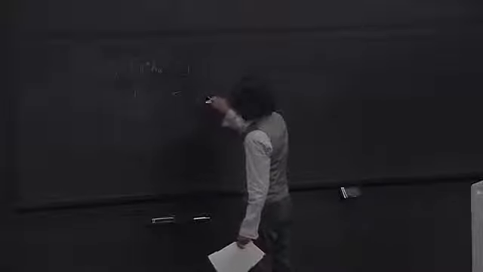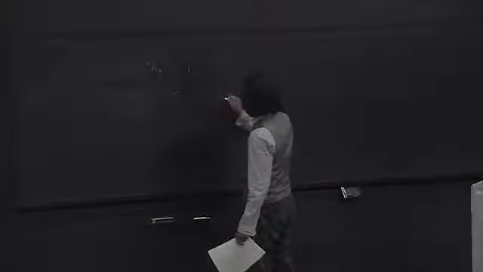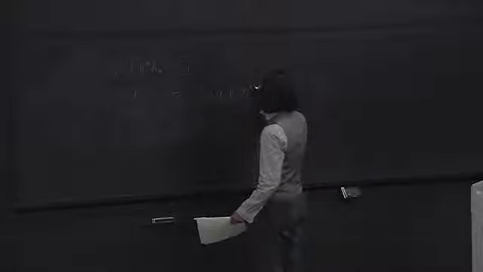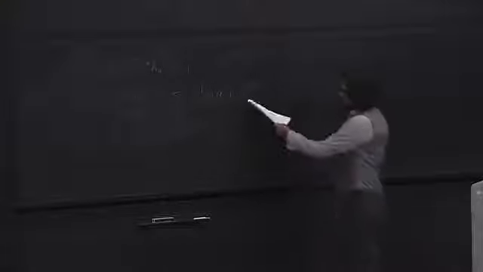Let's put a p here, and then summed over that. And because the trace of this guy is negative, well, we need the minus sign for this to be positive.